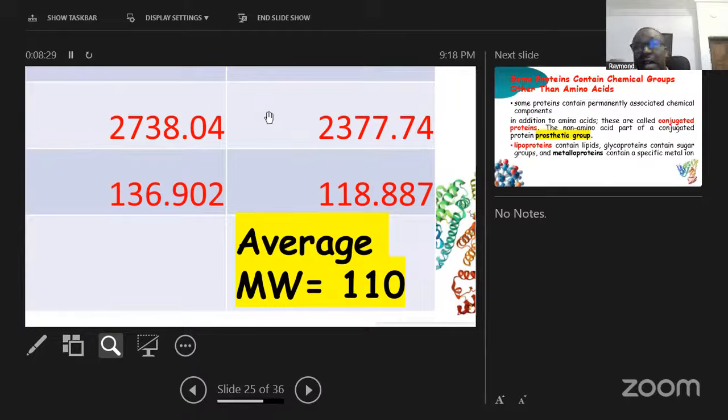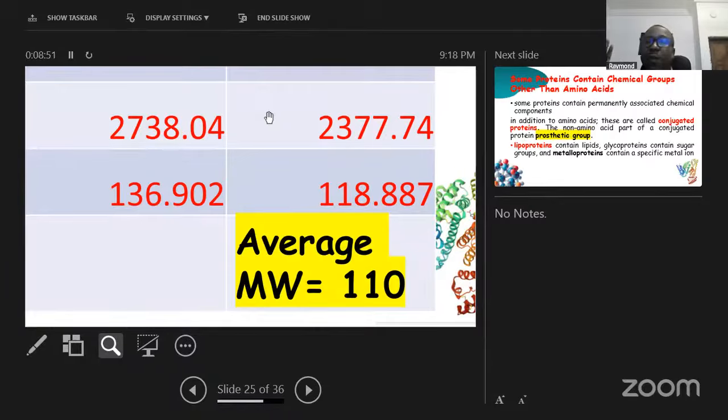Examples are alanine, threonine, serine, cysteine, leucine, valine.